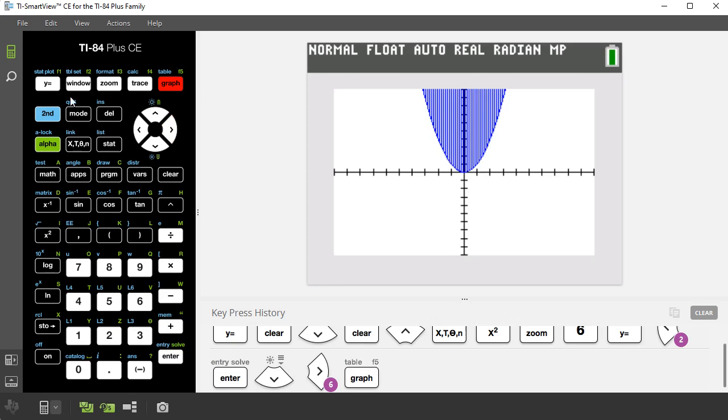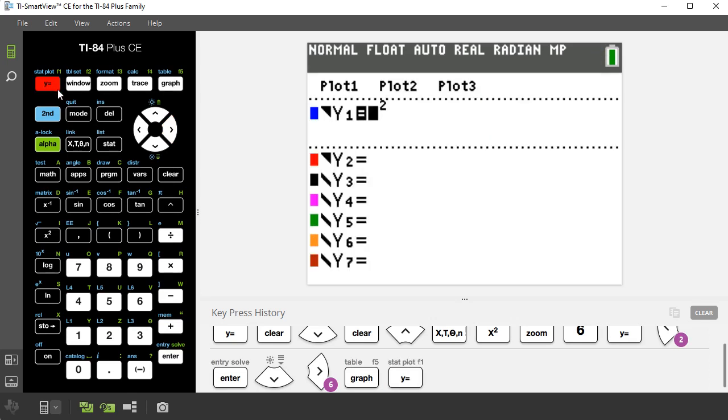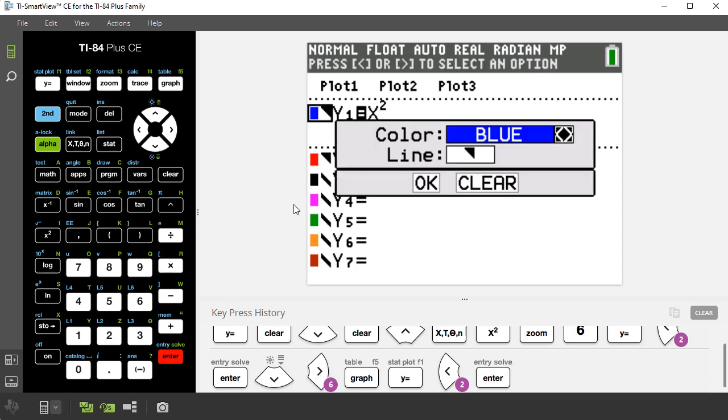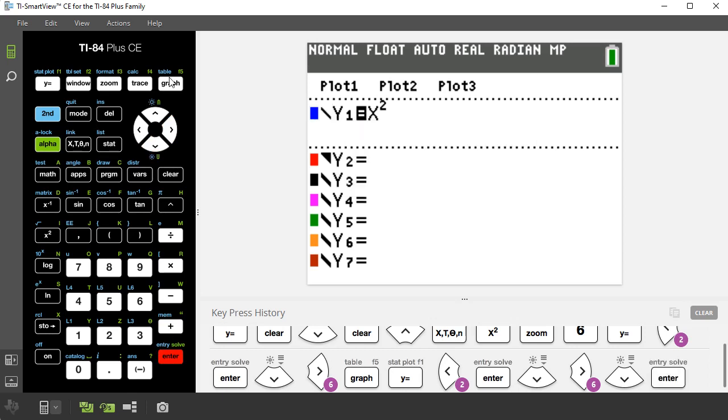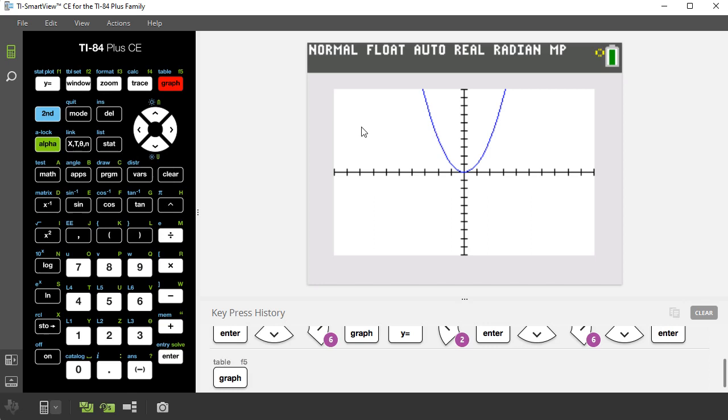And then we go back to here. Okay, so I don't want to color it, and then I just click OK. Then go back to graph. Okay, so there we go.